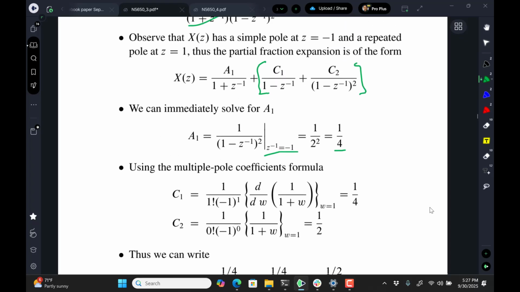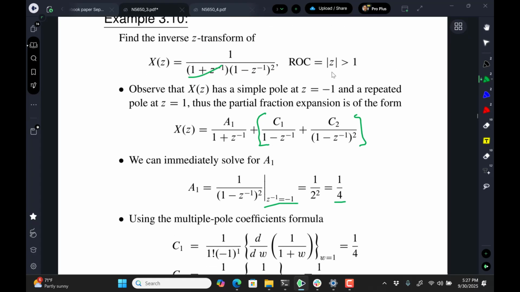Now we press on to go for C1 and C2, and again we can get after C1 pretty readily, because again what we can do is multiply both sides, I'm going to flip sides on this now.